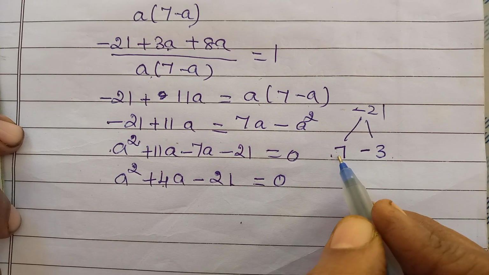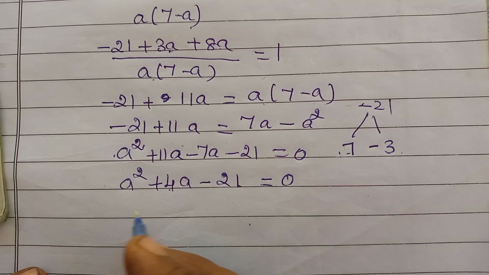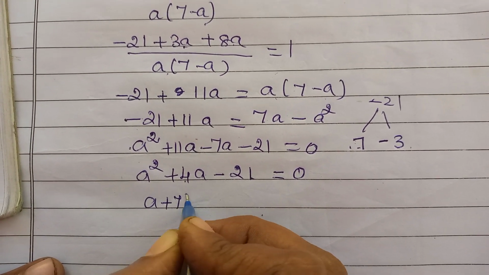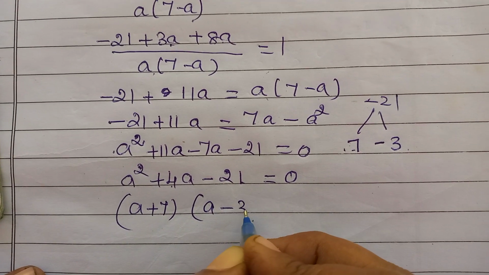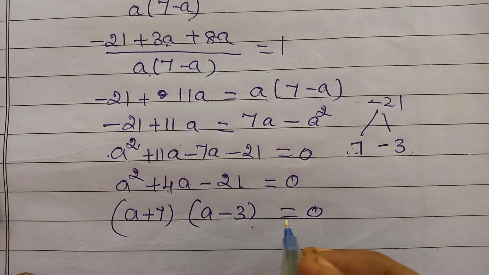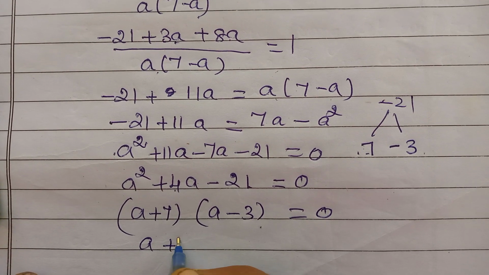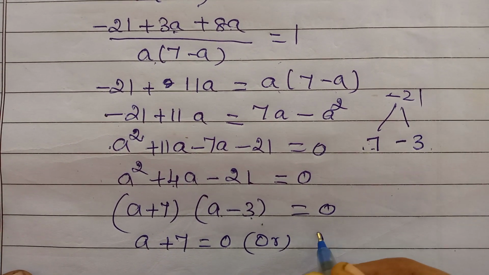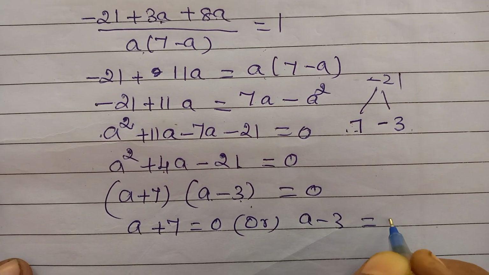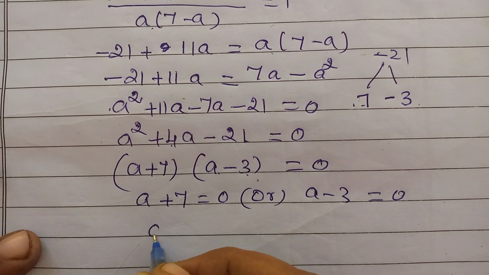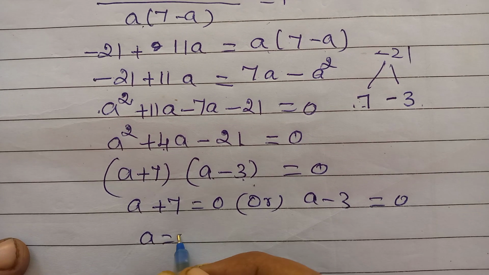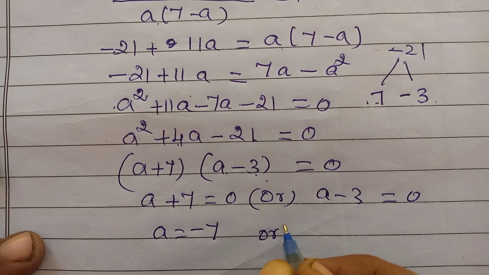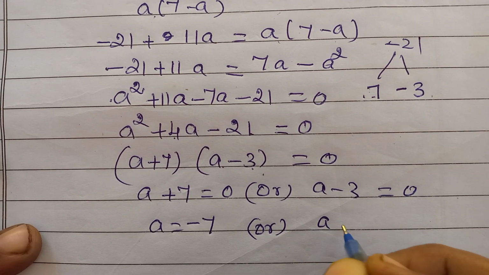So it can be written in factor form: a plus 7 into a minus 3 equal to 0. From here a plus 7 equal to 0 or a minus 3 equal to 0. From here a is equal to minus 7, or a is equal to 3.